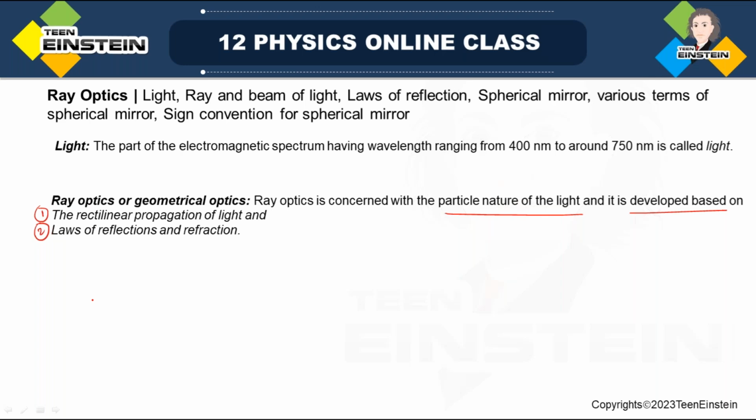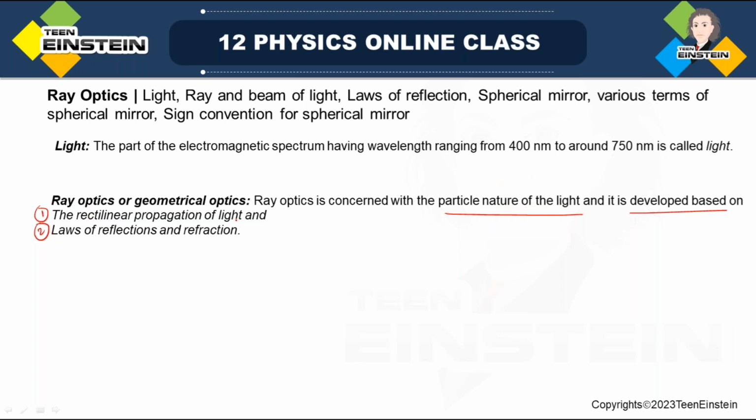It is also called geometrical optics because we have to make a whole lot of geometrical considerations while studying this branch of physics. So this geometrical or ray optics is developed based on two basic concepts.